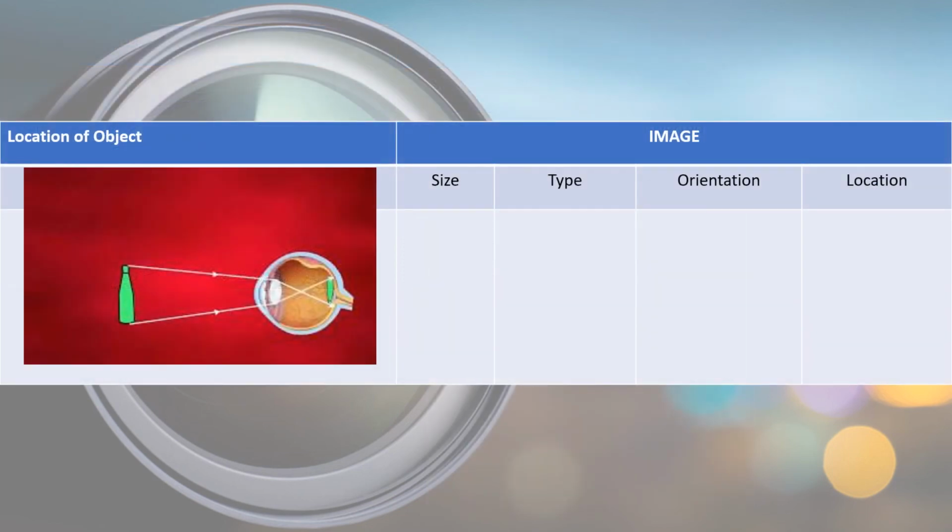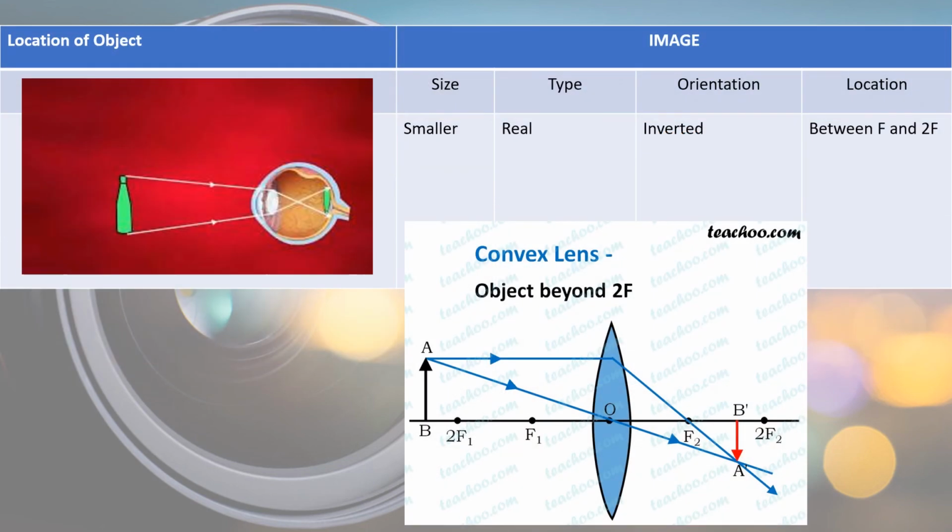Now, let us have the size, type, orientation, and location of the image formed by the human eye when the object is beyond 2F prime. Let us check your answer.